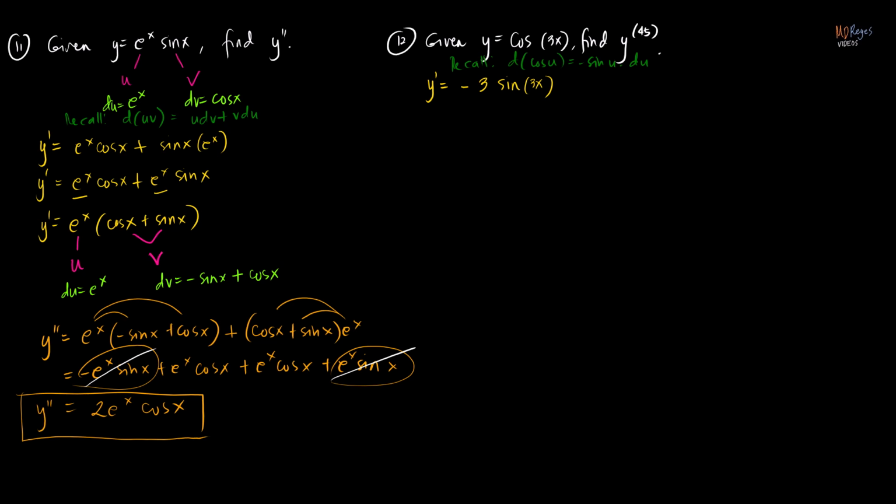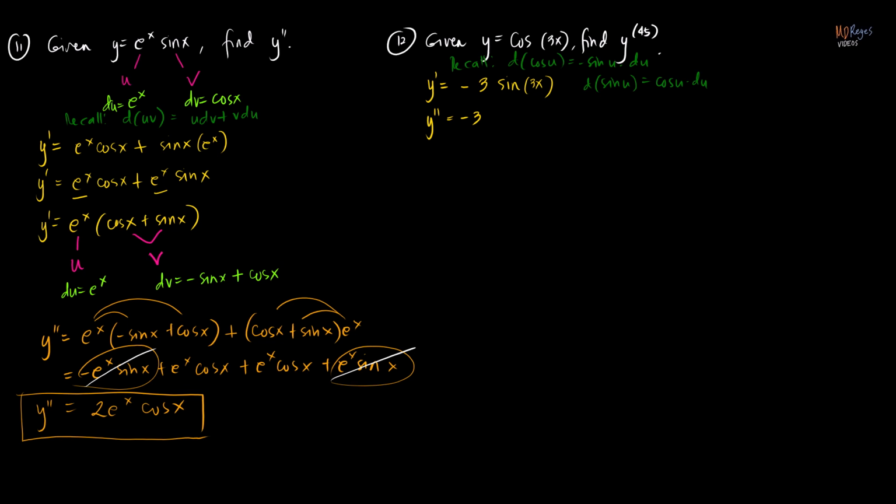What is y double prime? Y double prime is the derivative of negative 3 sine of 3x. So recalling the formula for the derivative of sine of u, it's cosine of u times du. So we'll just copy the constant, negative 3, and take the derivative of sine of 3x using the formula.